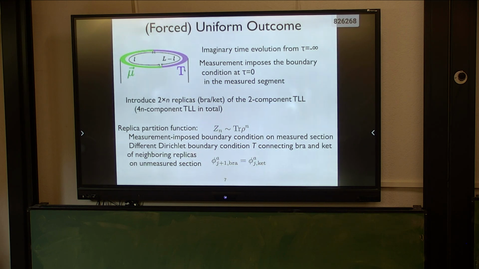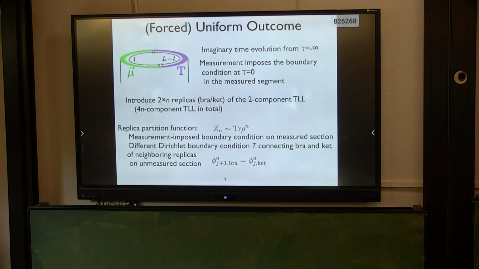Then on the green region, I impose this boundary condition, phi 1 equals phi 2, and theta 1 plus theta 2 equals 0. But in this purple region, I don't do anything. To compute the entanglement entropy, I need to compute the trace of the reduced density matrix to the nth power.